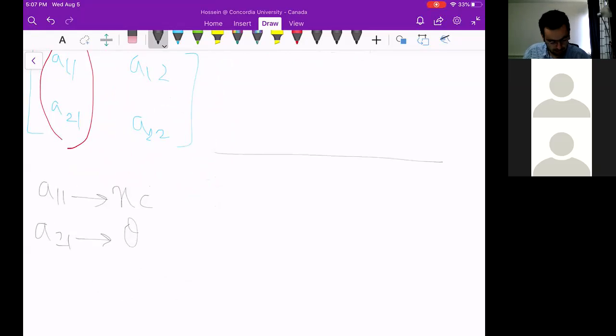I will displace the system from the static equilibrium position to this point. XC is A11. And I put in a rotation like this, theta 21. So there's a unit force here.